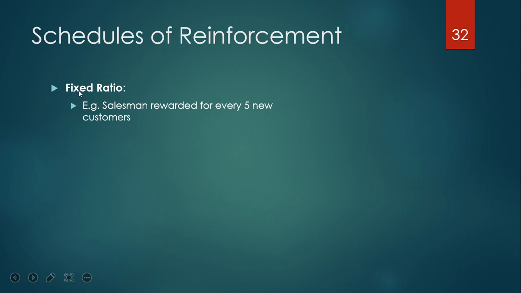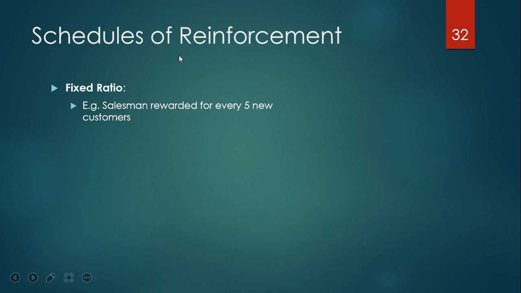So our first intermittent schedule of reinforcement that we're going to talk about is fixed ratio. And we're going to break this down into two different terms here, fixed and ratio. Fixed means that the organism is going to get a reward after that behavior presents itself a set number of times. And that's what ratio means, number of times that the behavior occurs.